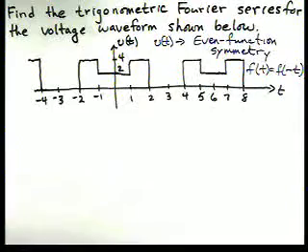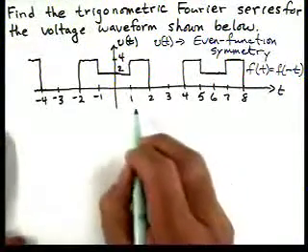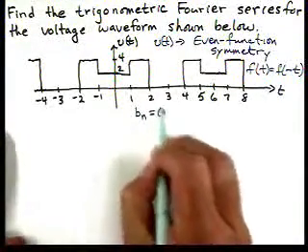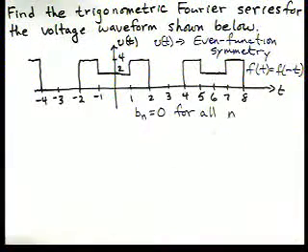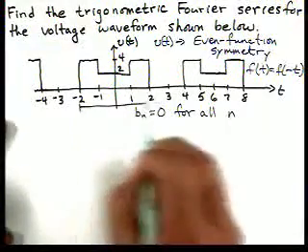So what does that mean for our trigonometric Fourier series? That means b_n is equal to 0 for all n. So we don't have to worry about calculating the b_n's. We only have to calculate the a_n's.